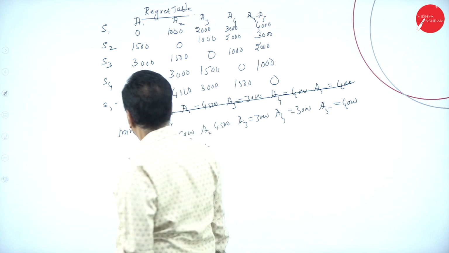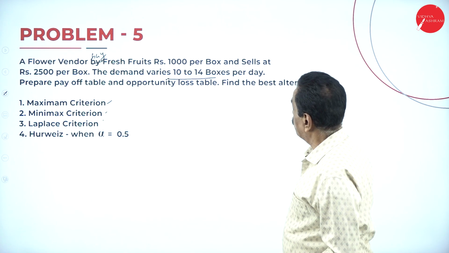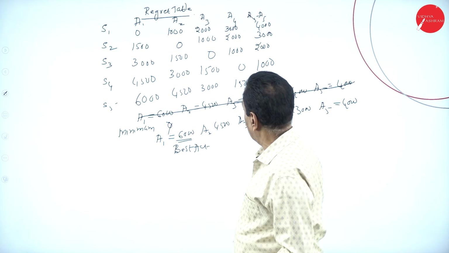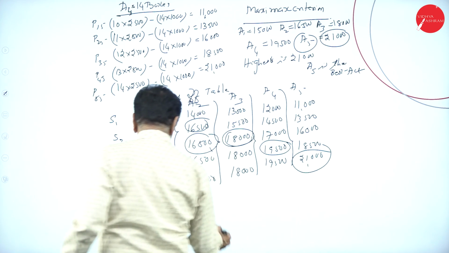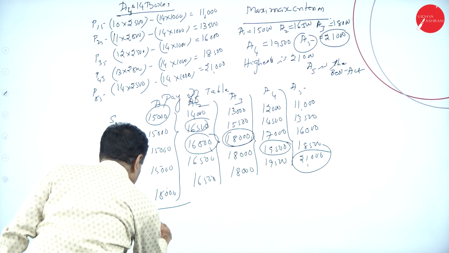Okay, then this is over. Then Laplace criterion. First in the payoff table, you have to add. A1 is 15 into 5, 75,000.